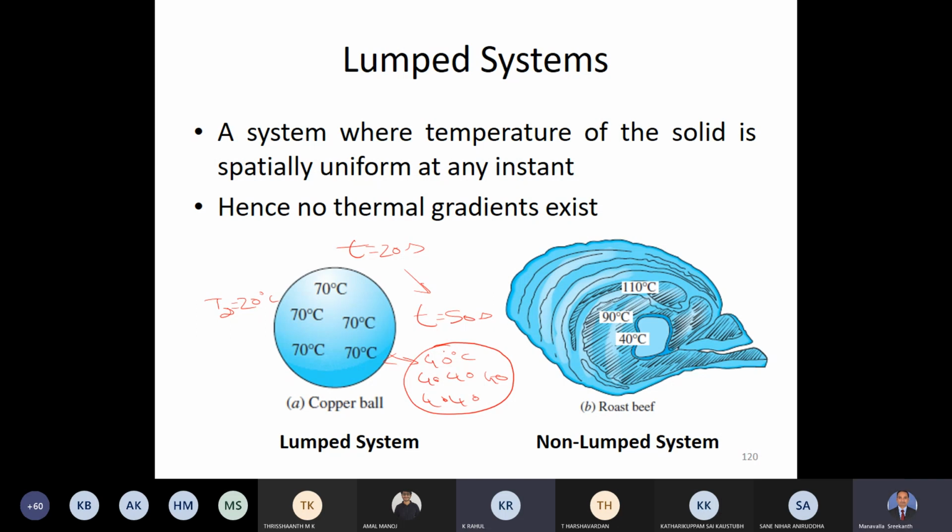So what property of the material can lead to this kind of uniform temperature inside? Sir, homogeneity? Sorry? Homogeneous?